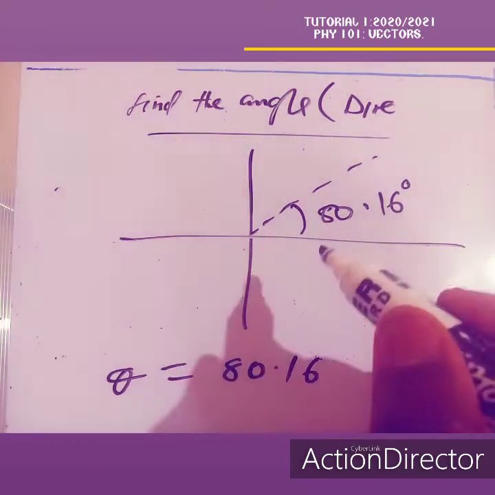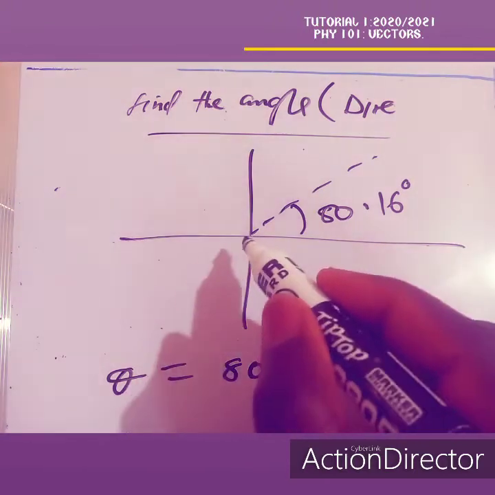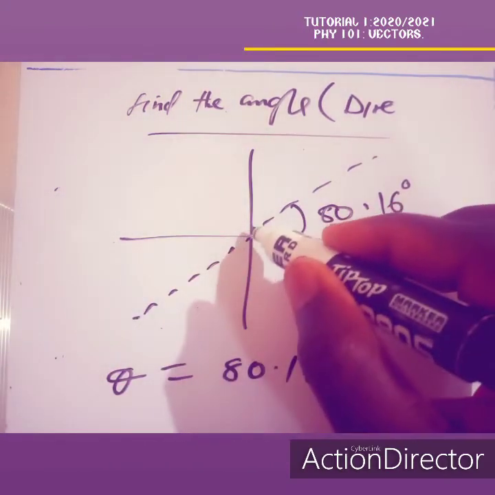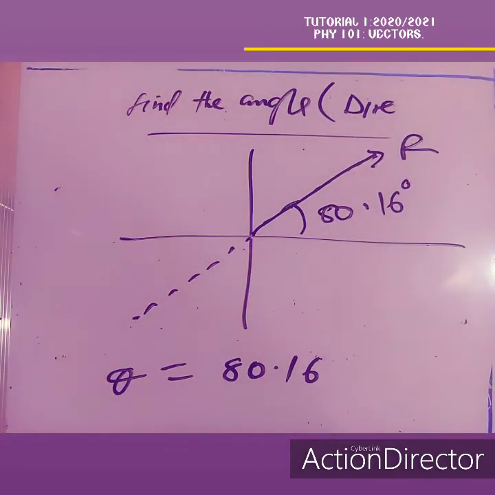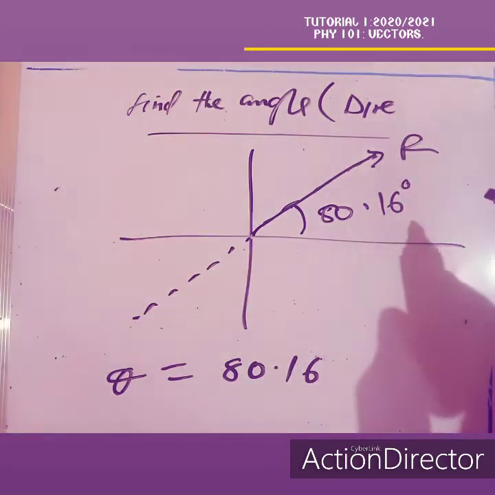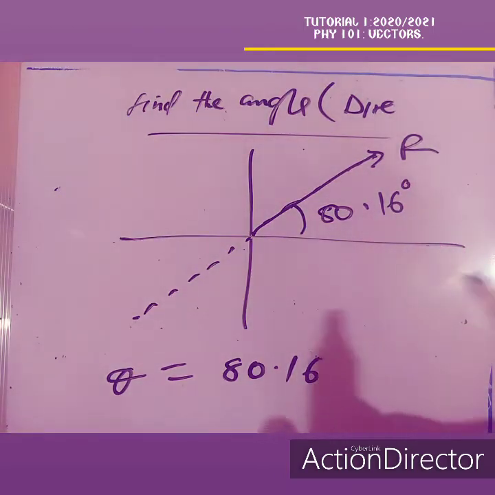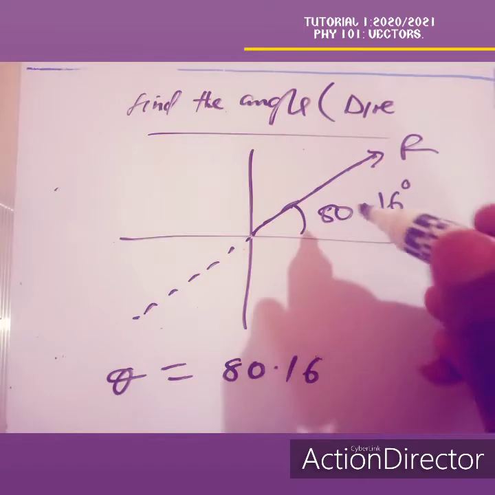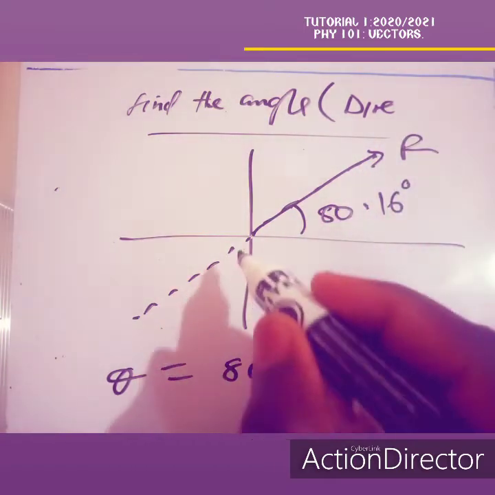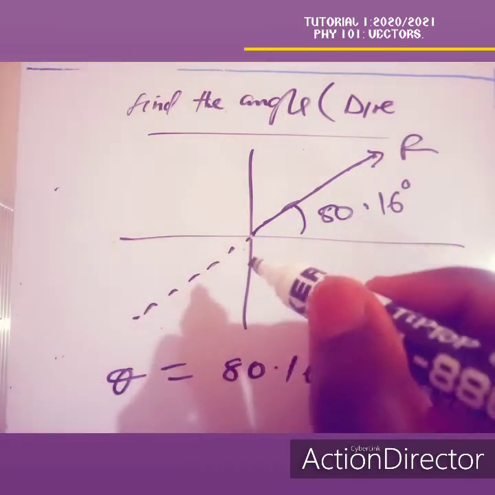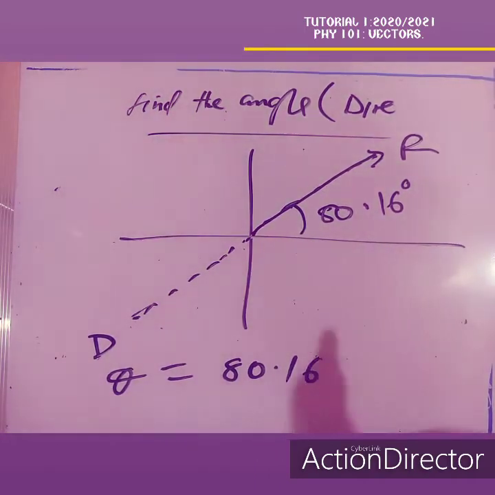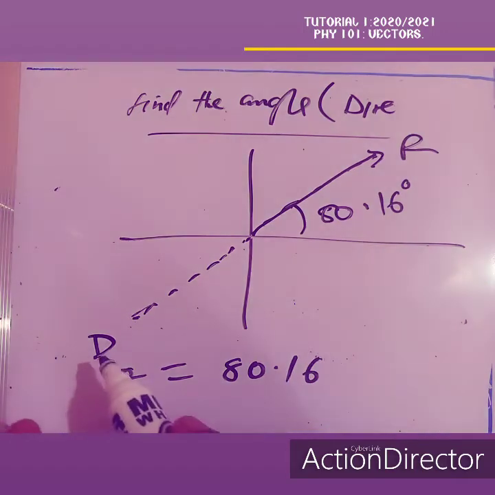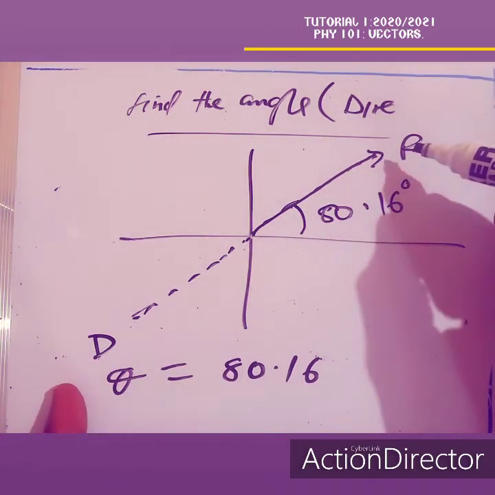Okay, this is our resultant. Then the vector D will just be more like a reflection of our resultant, which is this extension here drawn in dotted line.